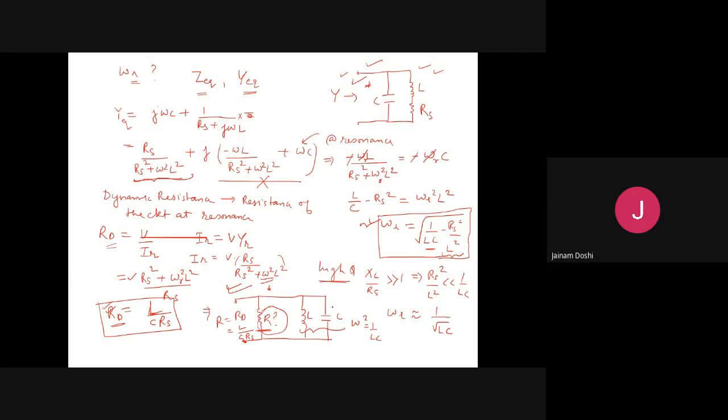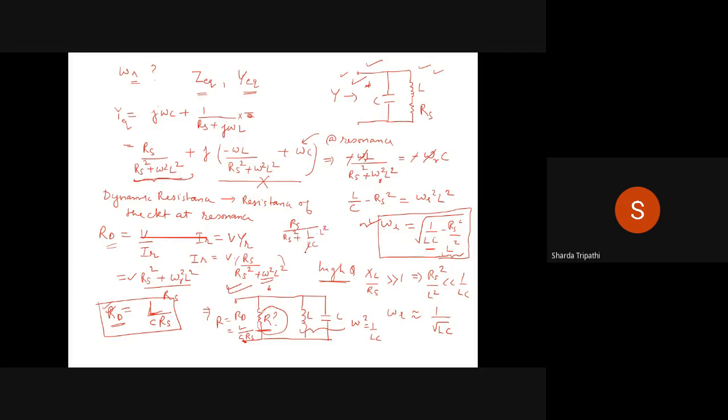Yes, ma'am. So after substituting this, it's not coming? It's not coming, ma'am. Let me see. This will be how much? Rs divided by Rs square plus 1 by LC into L square.